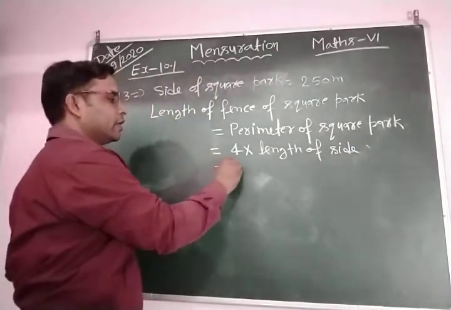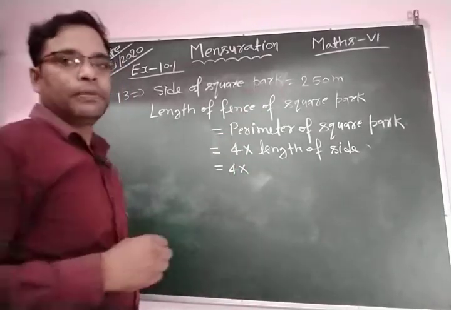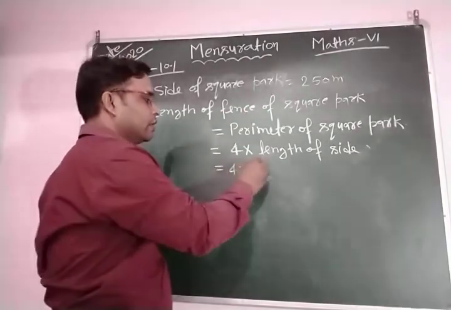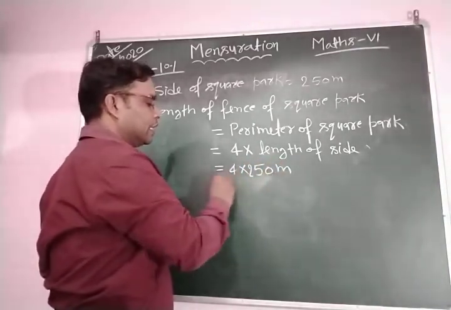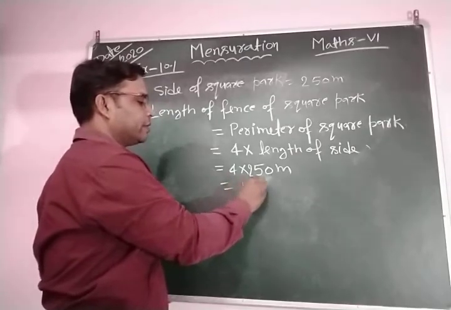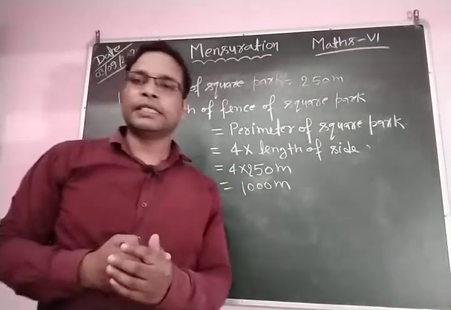In this question, the length of the side of the square park is given as 250 meters. If you multiply them, then you obtain 1000 meters.